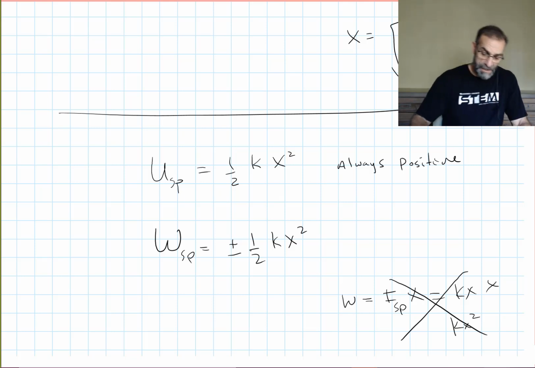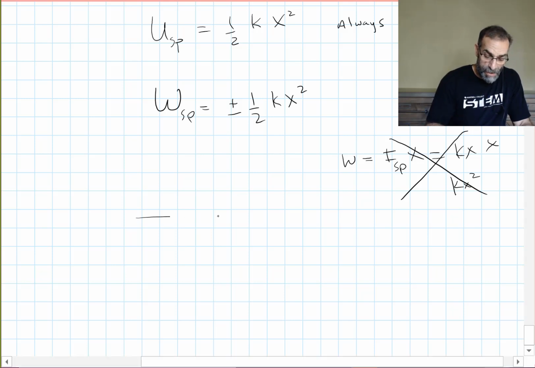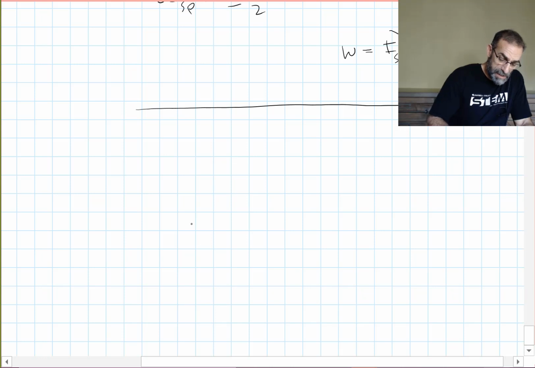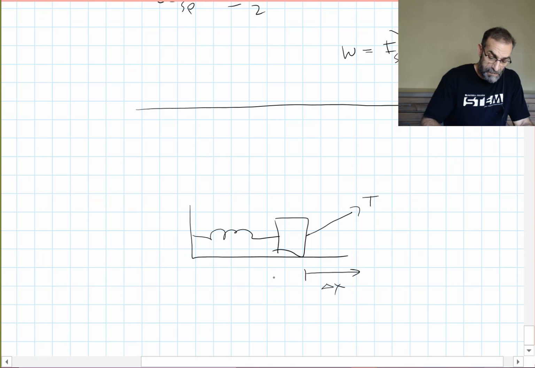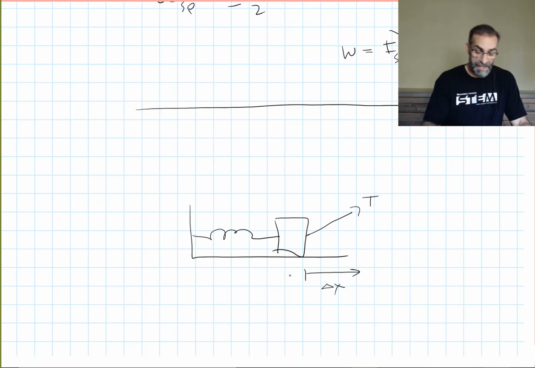You'd use work done if I asked you what the work done by the spring was, or if you do not include the spring as part of your system. You have to define what's in your system. If you have a block being pulled to the right, and you want to include the spring in the system, which is what we would usually do, then you don't have external work done, right?